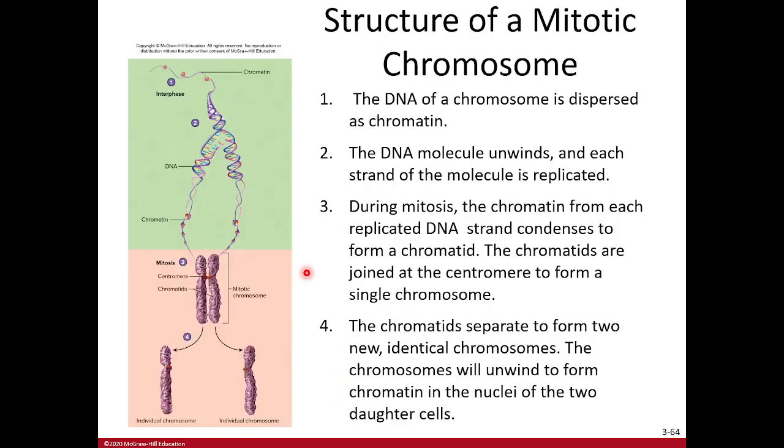So this is the structure of mitotic chromosomes. This mitotic chromosome will convert this chromatin from interphase into two co-joined homologous pairs, or chromatids, joined by this centromere.